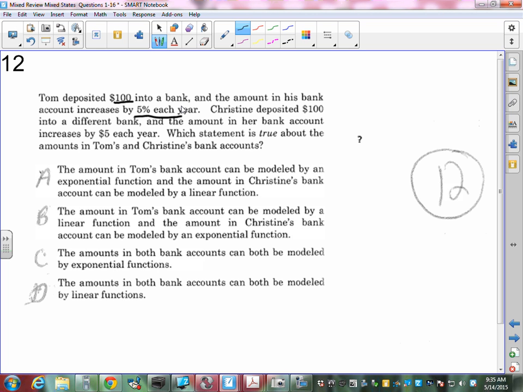And remember that was exponential. The way you do that is y equals your initial value times your percent to the number of years.